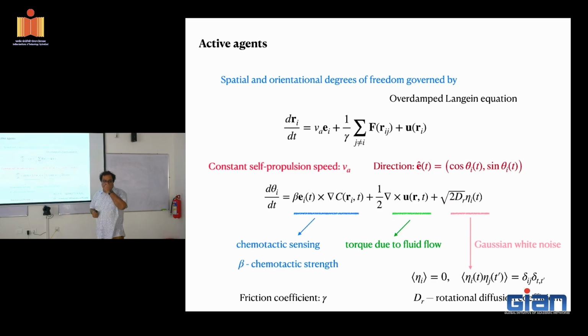The first part is associated with the self-propulsion, the activity, right? The bacteria is alive, it can move on its own, so I have to model that part. Let's say it's capable of constant self-propulsion, that is, it can move at a constant speed. Its direction can change, and I will specify later.